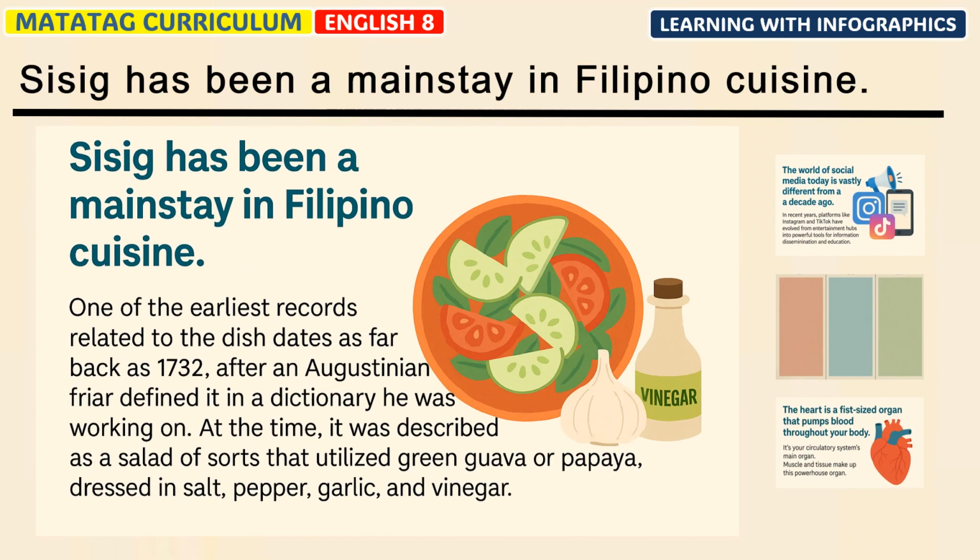Sisig has been a mainstay in Filipino cuisine. One of the earliest records related to the dish dates as far back as 1732, after an Augustinian friar defined it in a dictionary he was working on. At the time, it was described as a salad of sorts that utilized green guava or papaya, dressed in salt, pepper, garlic, and vinegar.